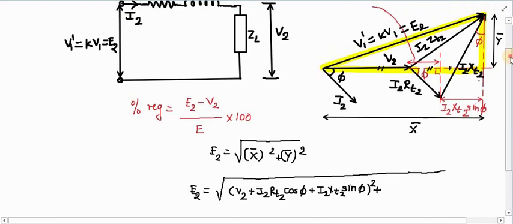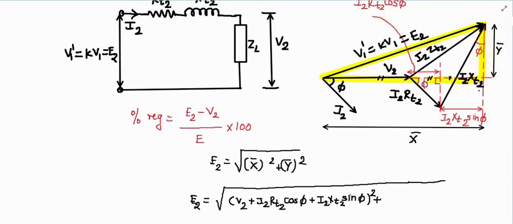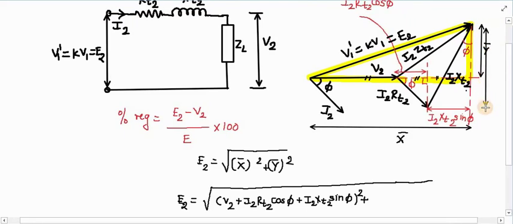What is the vertical component? What is this length? This length is nothing but this total length. Just a minute.